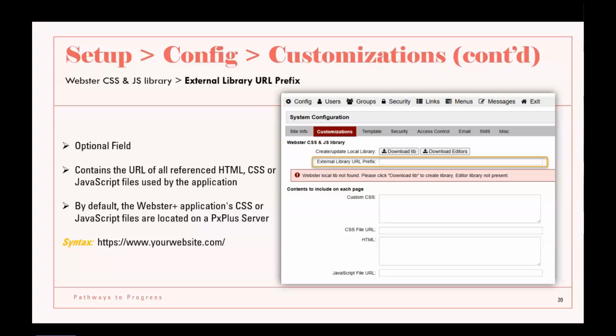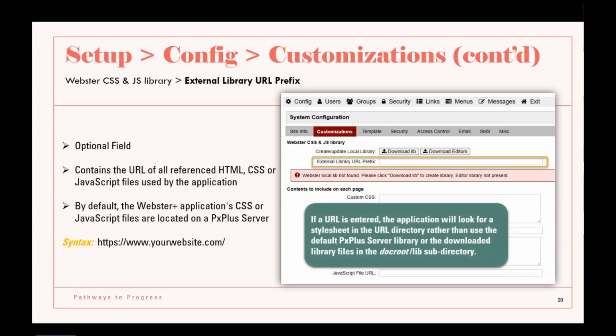The external library URL prefix is an optional field that contains the URL of all referenced HTML, CSS, and JavaScript files used by the application. By default, the Webster Plus application's CSS or JavaScript files are located on the PX Plus server, and the syntax needs to include the full URL.